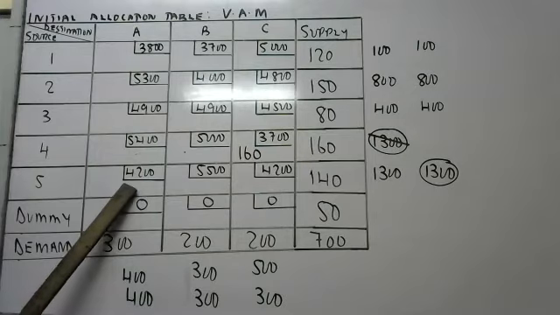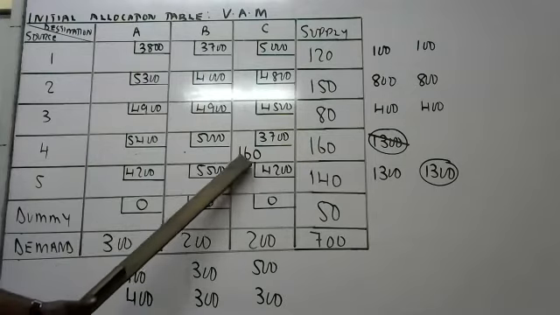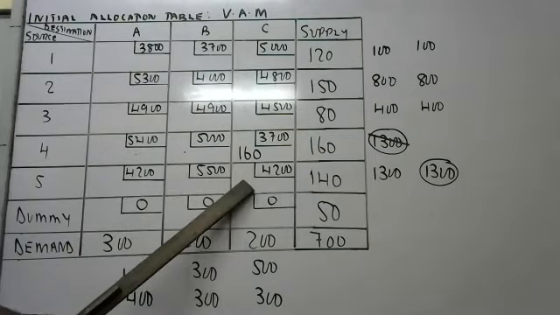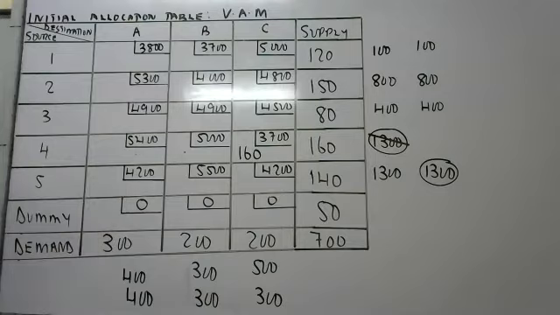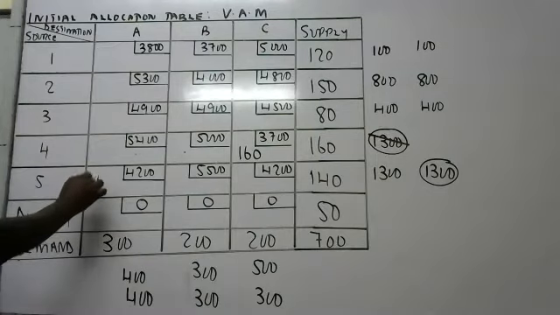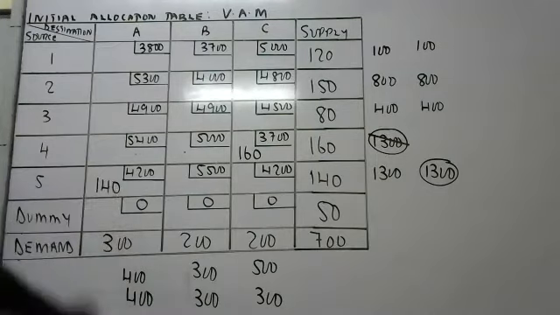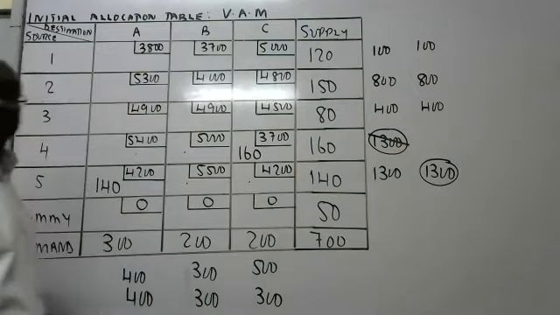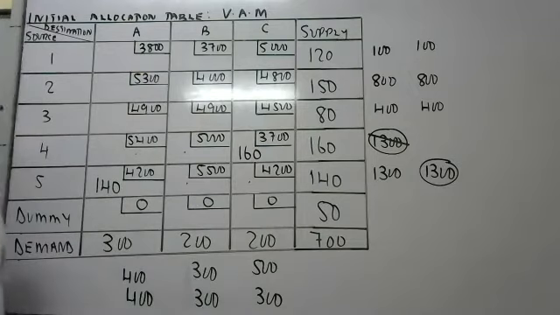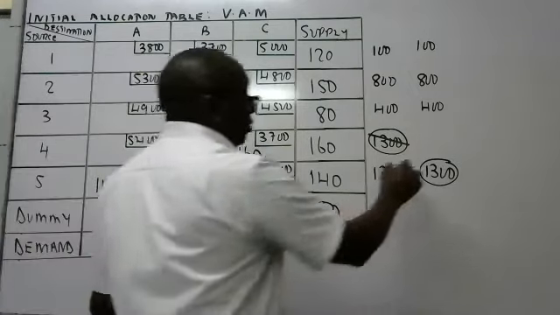Because of this 160, this one can only take 40, but this one can take a whole 140. So we come here and assign 140. When you assign 140, this is blocked and this is also blocked. Meaning my 5 has given out everything, so you close it.